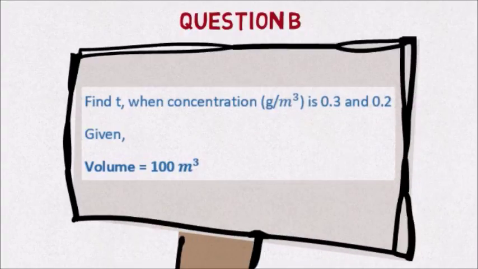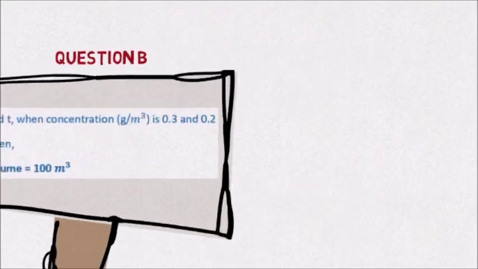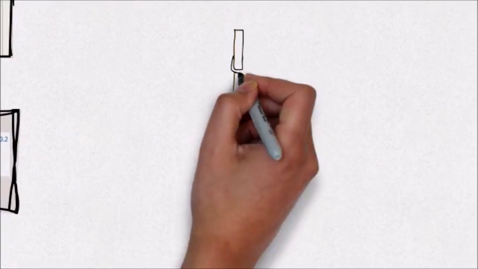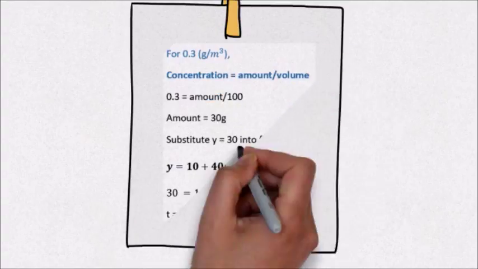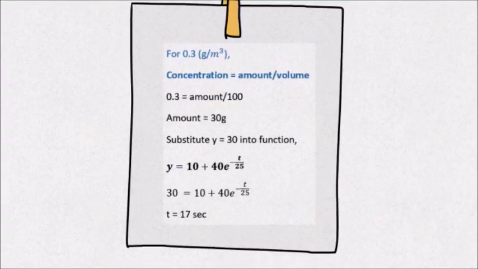Question B. Find t when the concentration is 0.3 and 0.2. Given the volume is 100 meter cube. For 0.3, by using the formula concentration equals the amount over volume, we get amount 30 gram. Then substitute y equals 30 gram into the function y equals 10 plus 40 exponent negative t over 25.